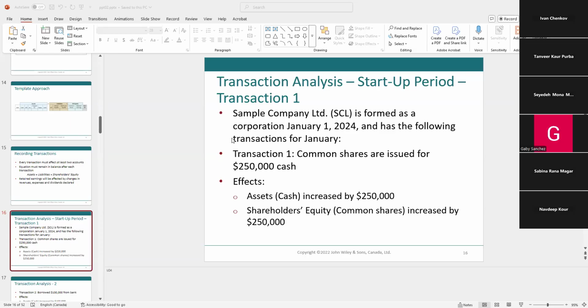So now we're going to see the transactions of the company. This company starts operations. The first transaction they did, it's a brand new company. We're just starting business. There's no money, no cash, nothing. So what's the first thing that somebody has to do? The owner has to put in some cash.